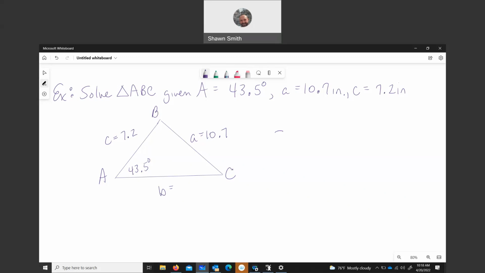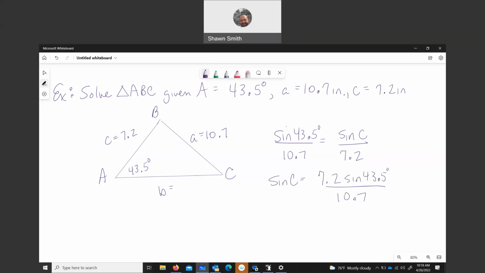All right, so now I start with law of sines that a, sine of 43.5 degrees over 10.7 is equal to sine of C over 7.2. You cross multiply. 7.2 times sine of 43.5 degrees divided by 10.7.